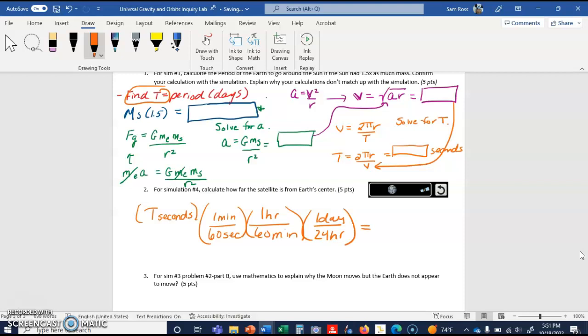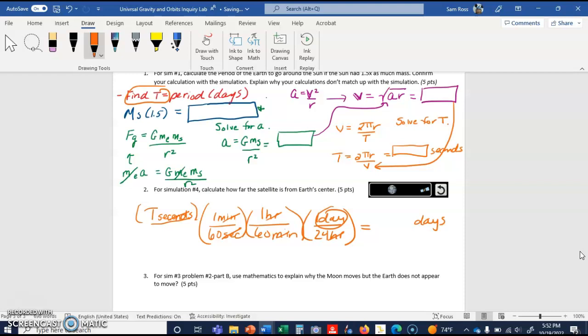And that's going to give us T in days, because our seconds are going to cancel, our minutes are going to cancel, our hours are going to cancel. So we have days left. So you'll take your T in seconds and divide by 60 times 60 times 24. And that should give you your T in days.